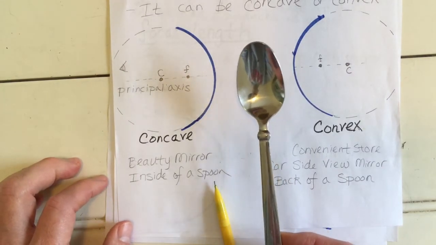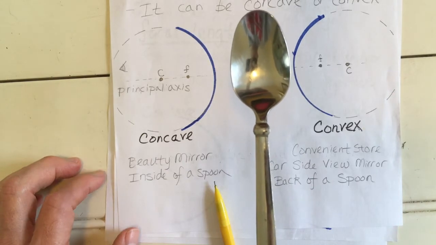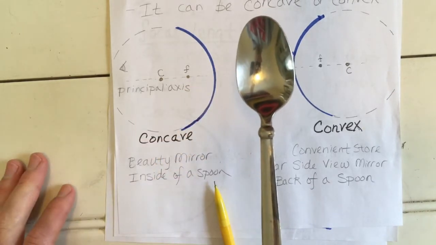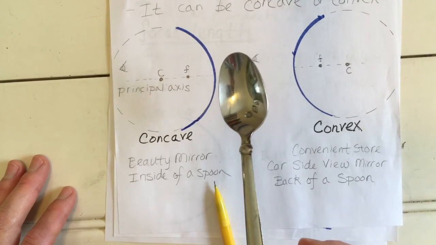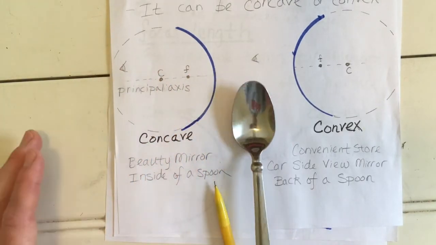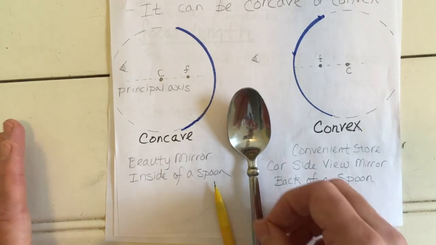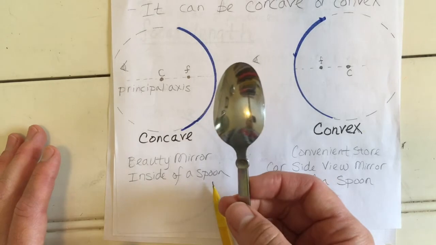So you notice that the inside of the spoon, you can see my image there, I appear upside down. So it's not till we get close enough that it starts to flip. And you can try it at home yourself with the inside of a spoon. But in order for this image to change where it's right side up, you have to get it pretty close to your eye. So be careful there. You don't want to poke yourself in the eye with a spoon.